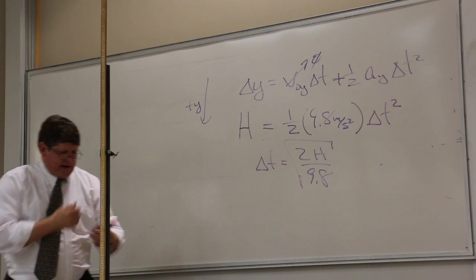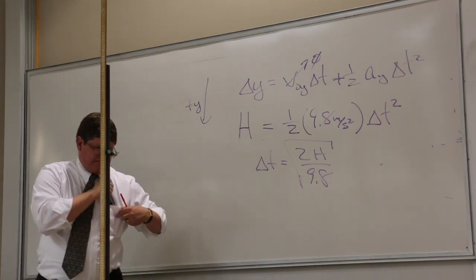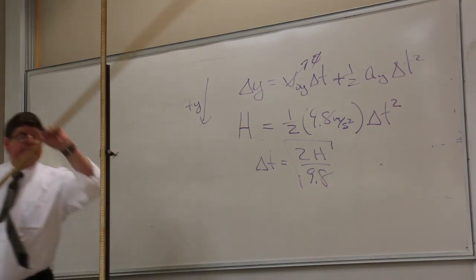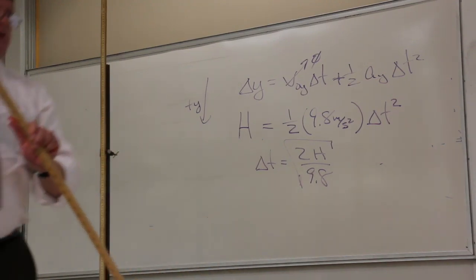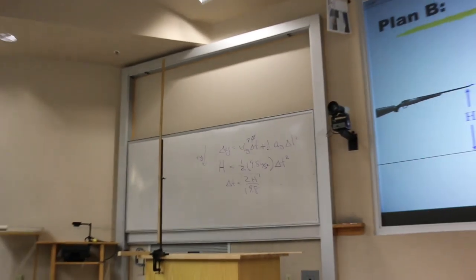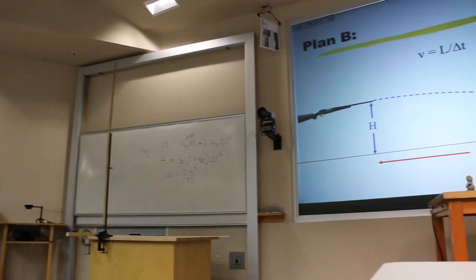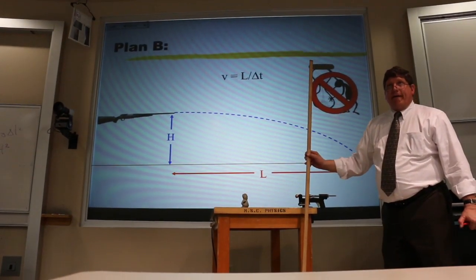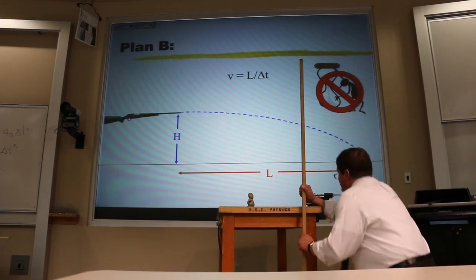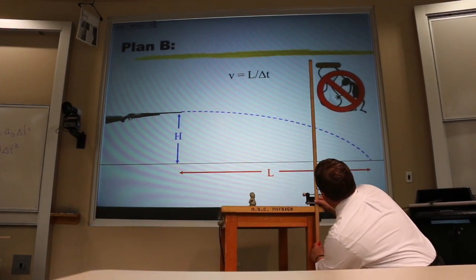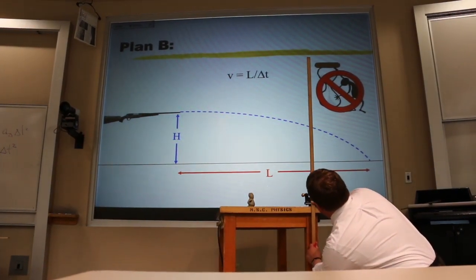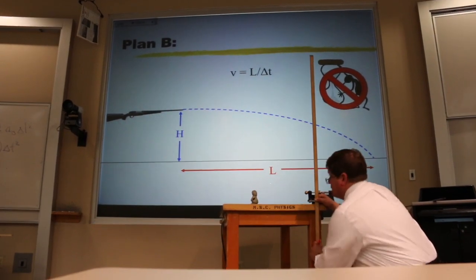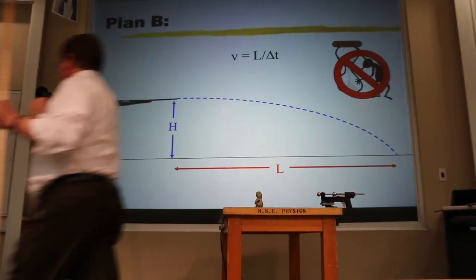Now, let's try that. Let's actually get a muzzle velocity for this gun. Do I want to measure to the bottom of the bullet, the middle of the bullet, or the top of the bullet from the floor? The bottom. So I want to measure to the bottom, and that is going to be 107 centimeters.